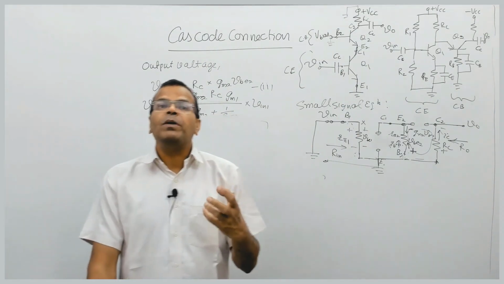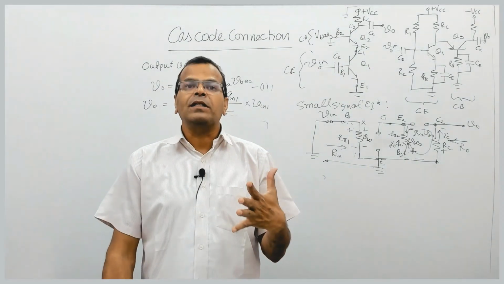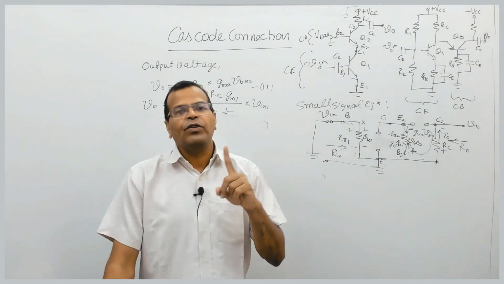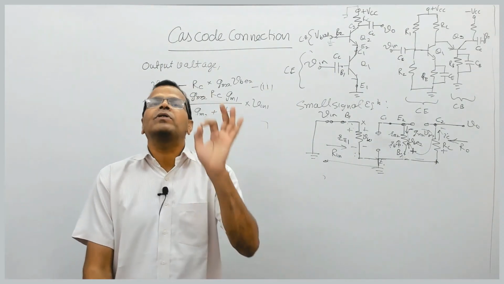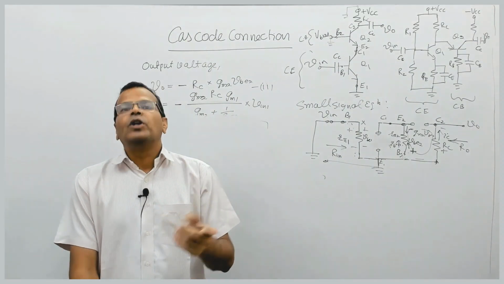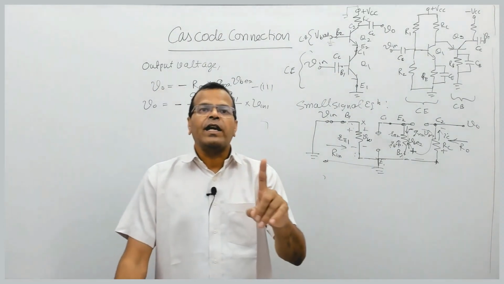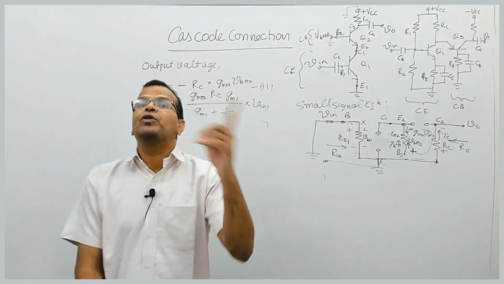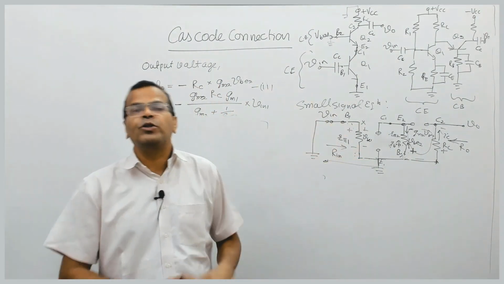So the effect of Miller capacitances is reduced by making the voltage gain of the input common emitter stage of order of unity. Most of the voltage gain in cascode connection is provided by the output stage, that is the common base stage.